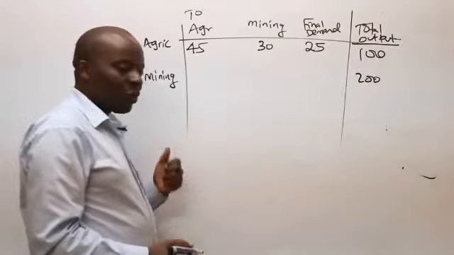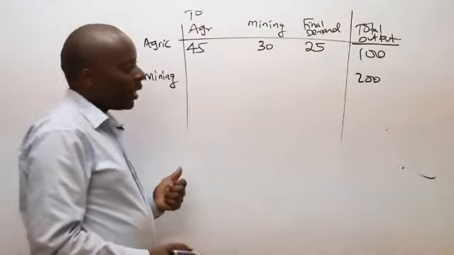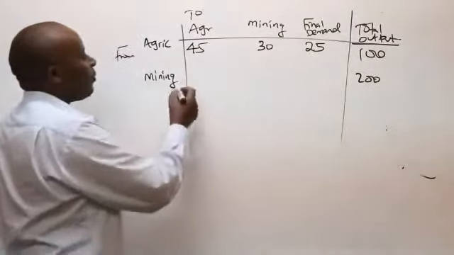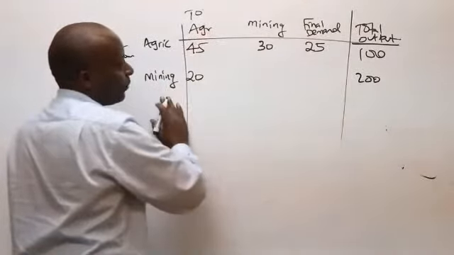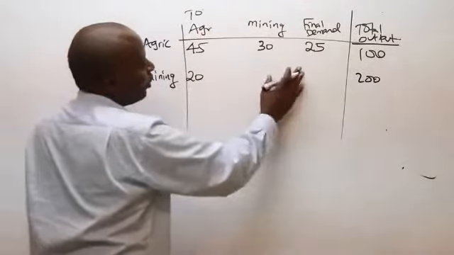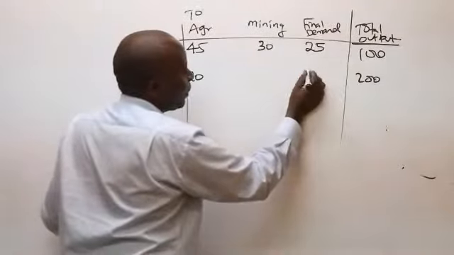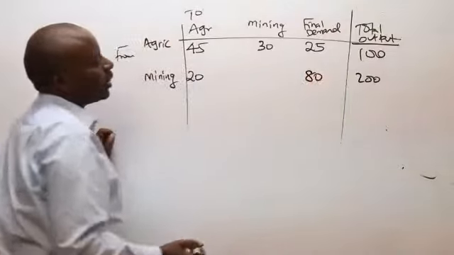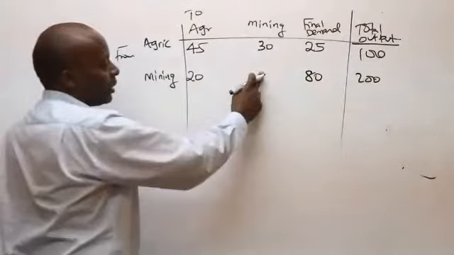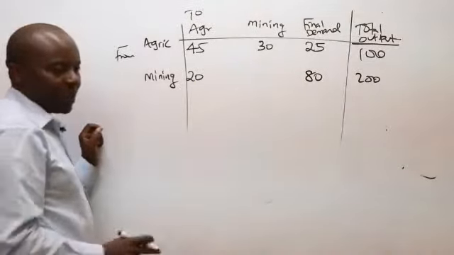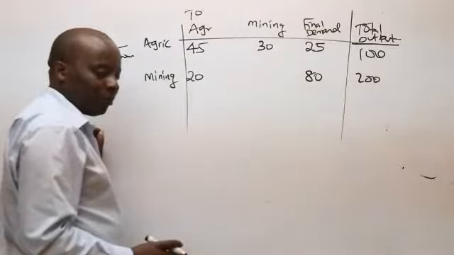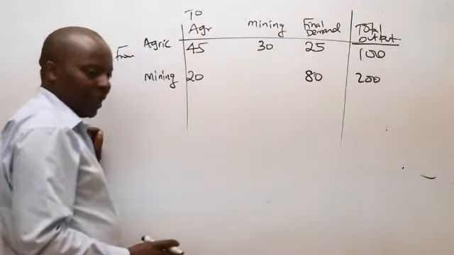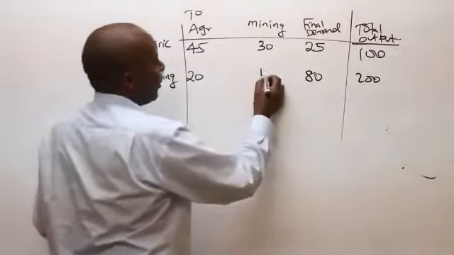We need limestone when making fertilizers. So say 20 to agriculture. Mining for final consumption, perhaps 80. So what remains for mining alone? The balancing figure.